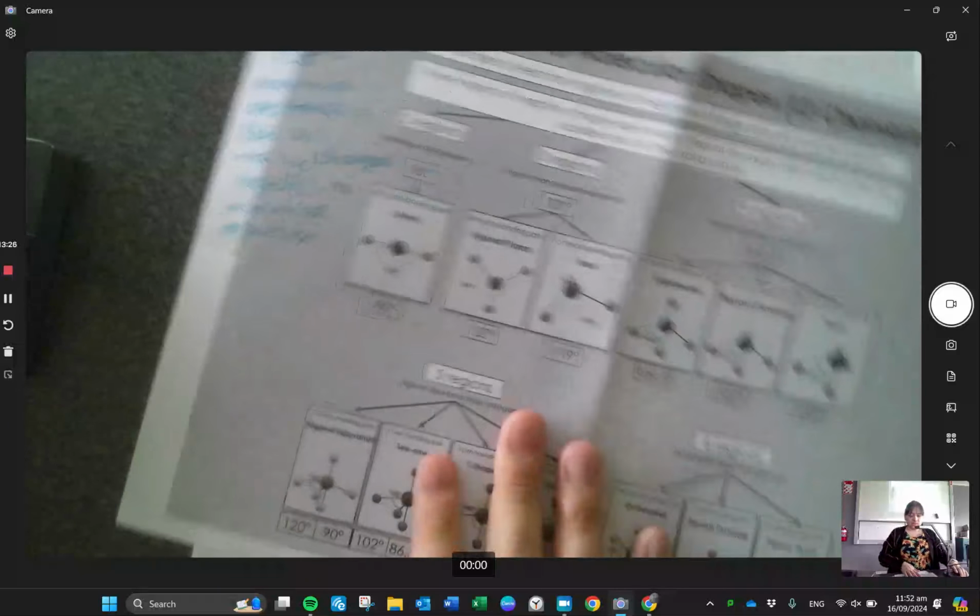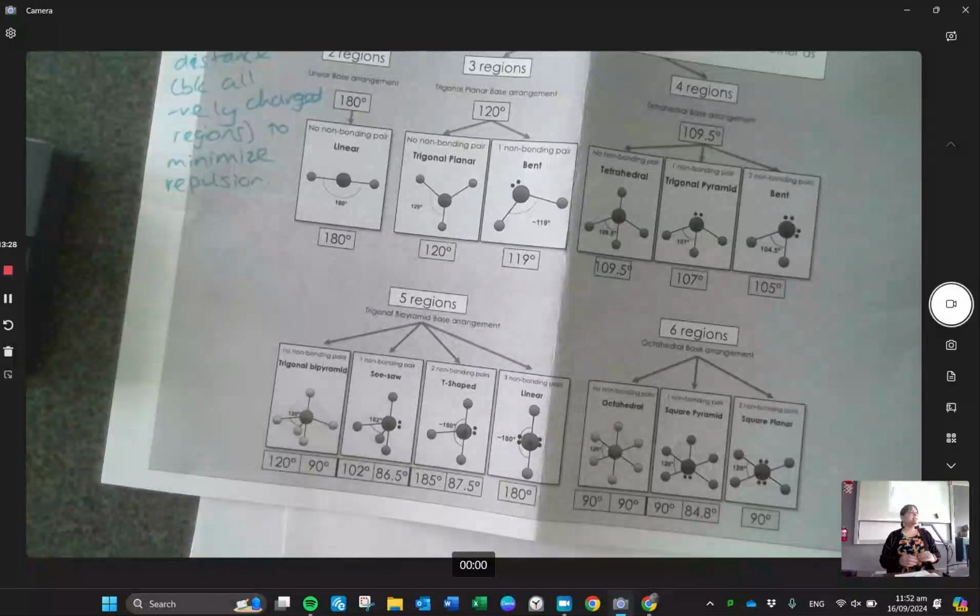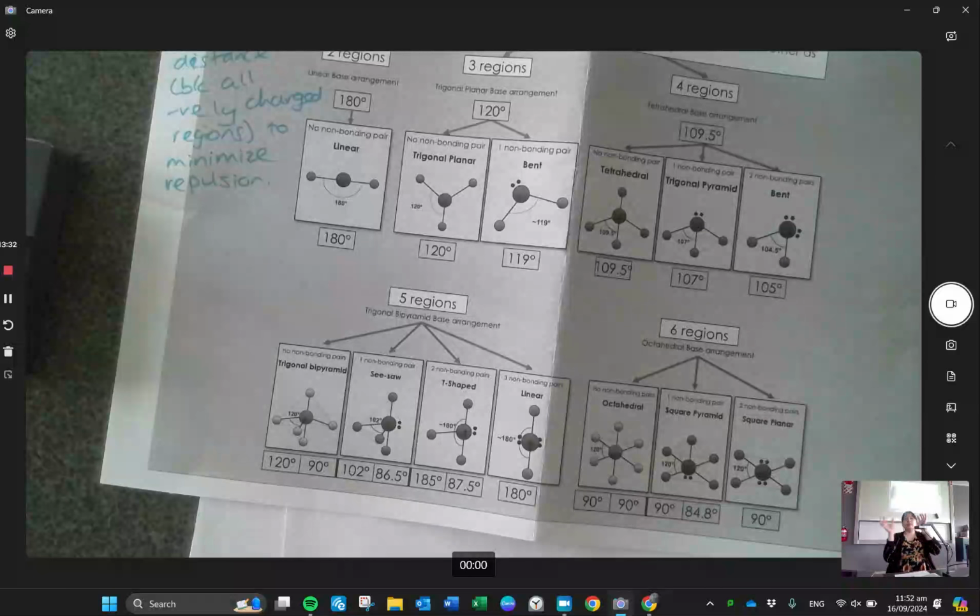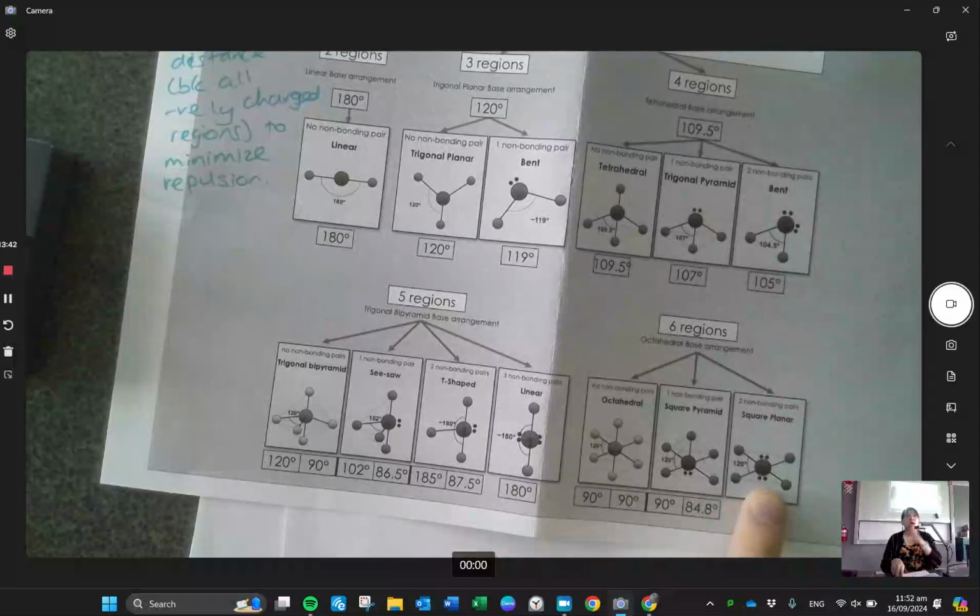All right, so what we're looking for in this case is symmetry. Basically, I'm trying to see if my regions of electron density cancel out. One important thing to keep in mind is that if I have a lone pair of electrons, it's definitely going to be a polar molecule, because those lone pairs are going to result in an unequal distribution of charge.